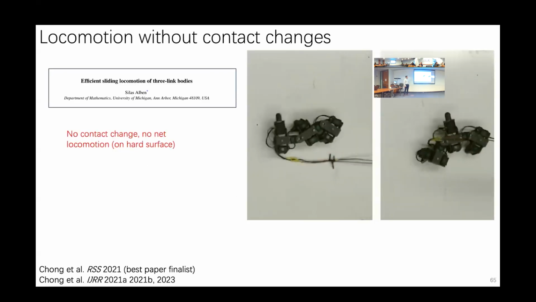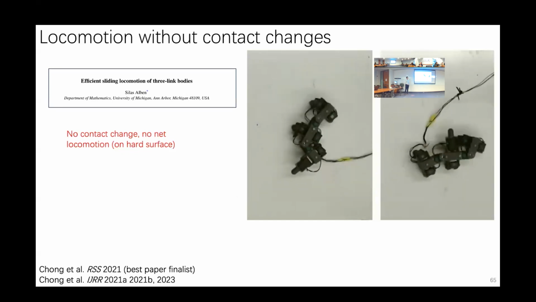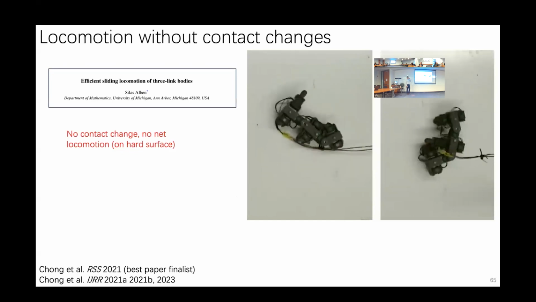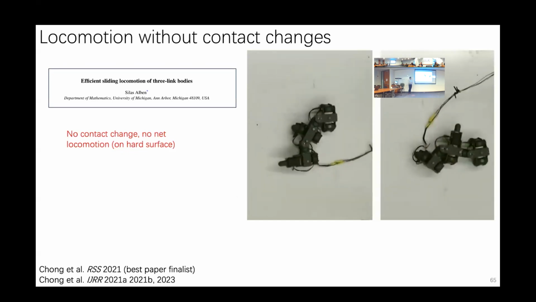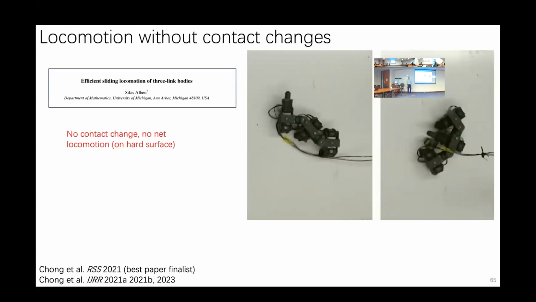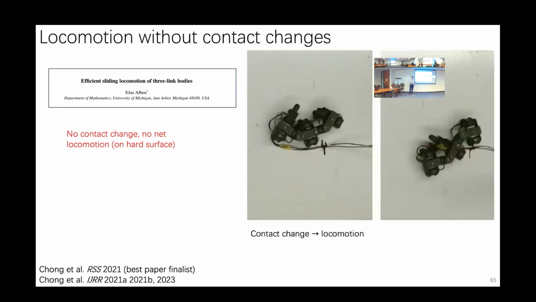First, we need to connect the contact changes with locomotion. There has been a rich history in locomotion without contact changes. One of the recent conclusions is that if there's no contact change, there will be no locomotion. So this will help us relate the contact changes to locomotion.